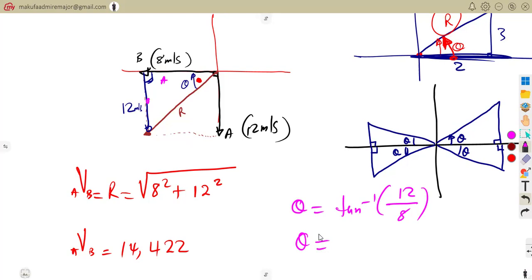You just use your values as they are, positive. The one that I got is 56.31. Is that so? Yes, 56.31. Okay, so that is what we are having in this condition.